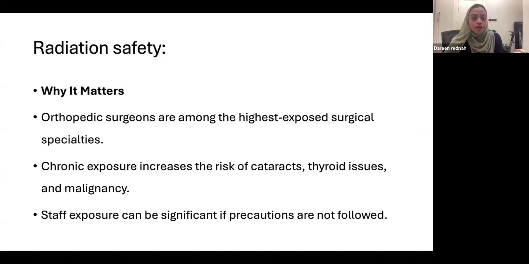Radiation safety, why does it matter? Orthopedic surgeons are among the highest exposed surgical specialties. Chronic exposure, as we said, increases the risk of cataract, thyroid issues, and malignancy.